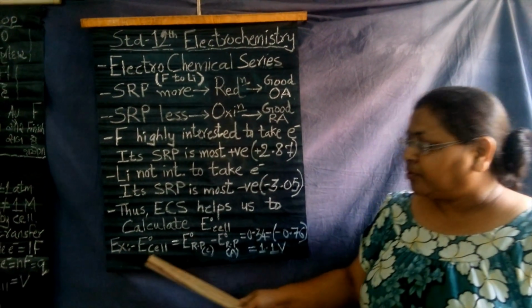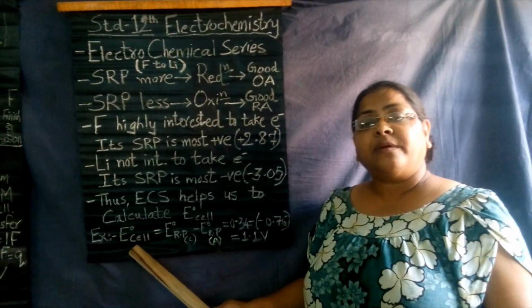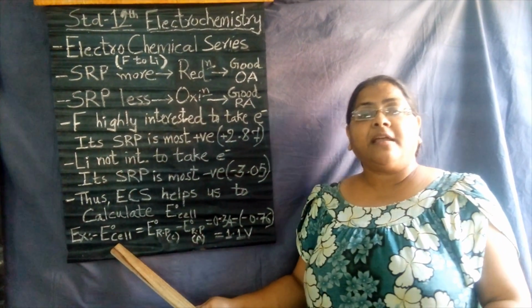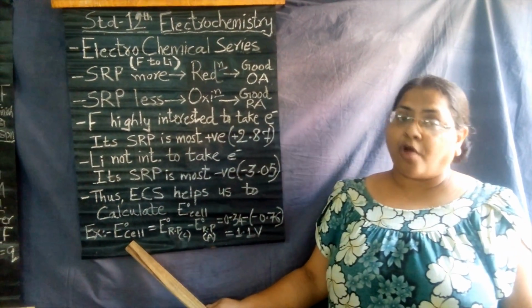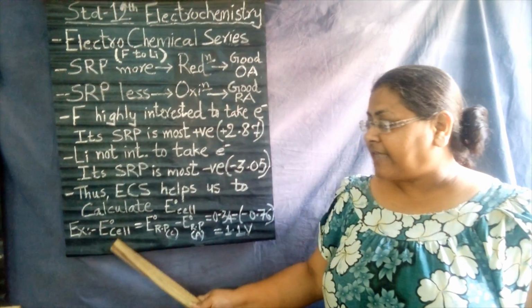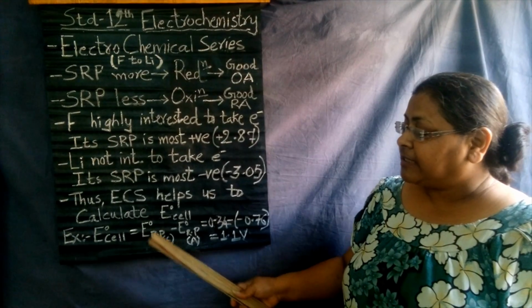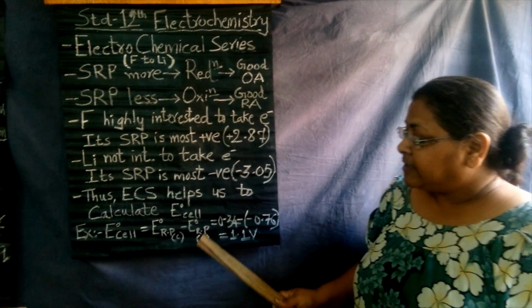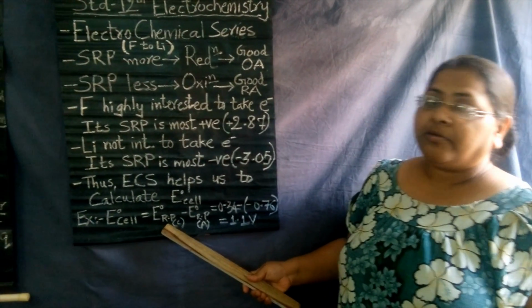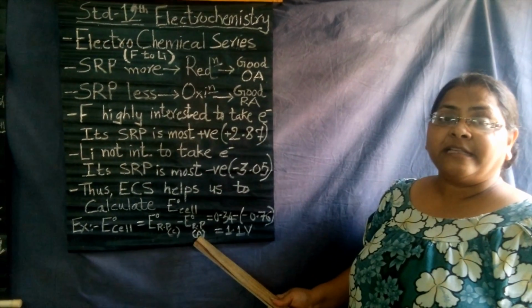For example, here I have shown the Daniell cell, a galvanic cell prepared by taking zinc and copper electrodes. The standard cell potential E degree cell for the Daniell cell is, as per the formula, standard reduction potential of cathode minus standard reduction potential of anode. In the Daniell cell, the cathode on the right side is copper and the anode on the left side is zinc.